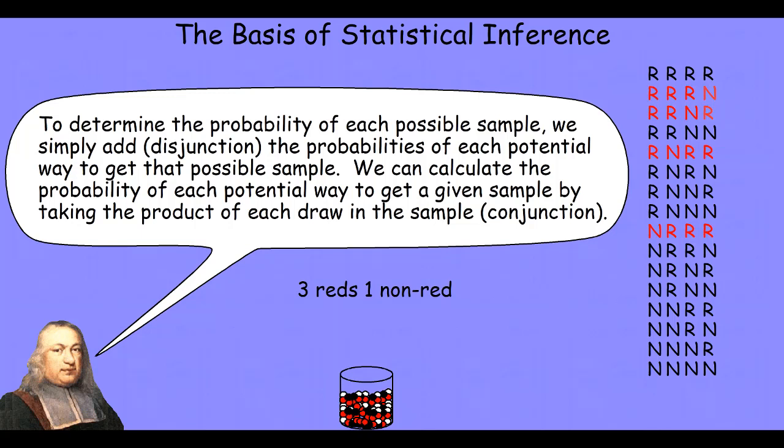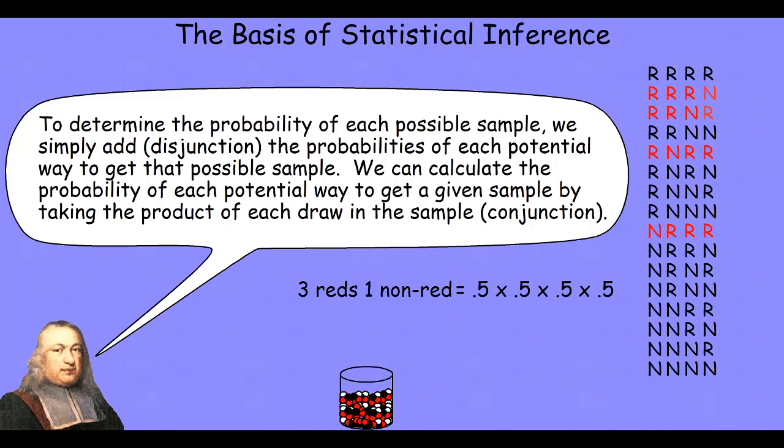So they are exclusive. And we calculate the probability of each possible combination by multiplying the probability of getting the marble with the color that we want. And again, I've simplified the problem by getting a jar of marbles that's 50% red, or half red, and half non-red. So the probability of getting 3 reds and 1 non-red is just going to be 0.5 times 0.5 times 0.5 times 0.5.